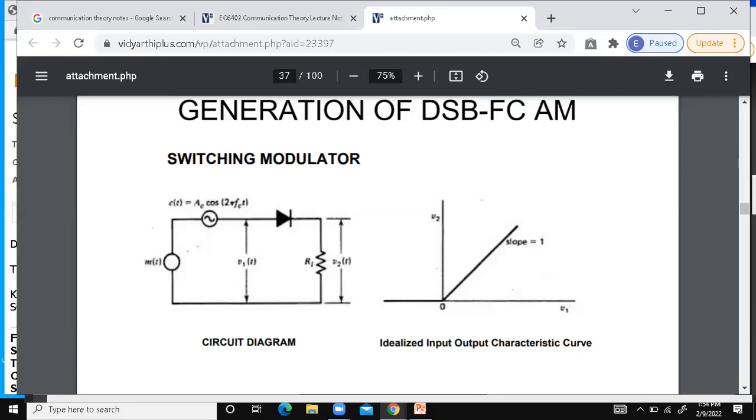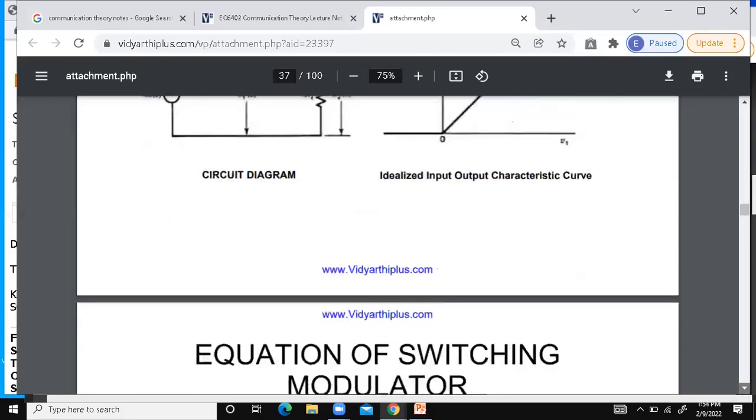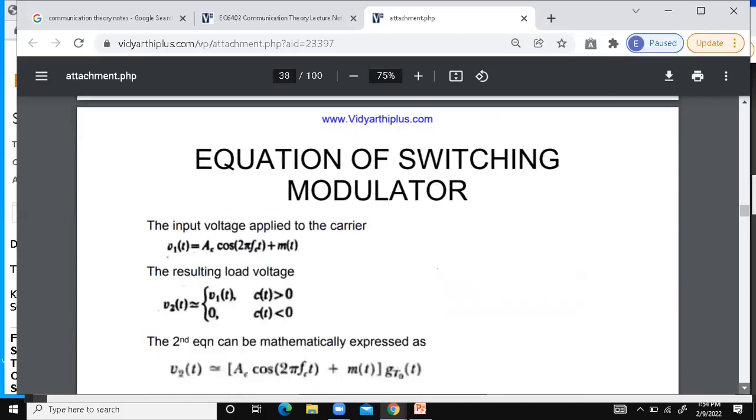So let's look at the equation now. Again, this is your V1.